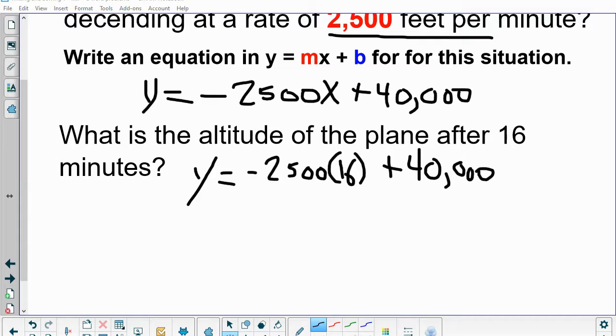Well, let's grab a calculator. 2,500 times 16. Oh, well, that looks like it's 40,000 too. So this would be negative 40,000 plus 40,000.